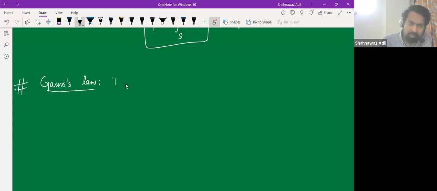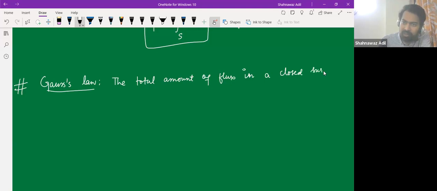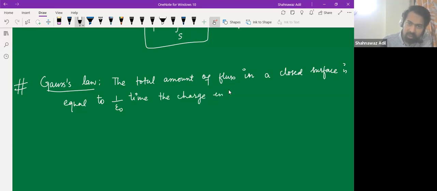The total amount of flux in a closed surface is equal to 1 by epsilon naught times the charge enclosed by the surface. So this is the Gauss law.